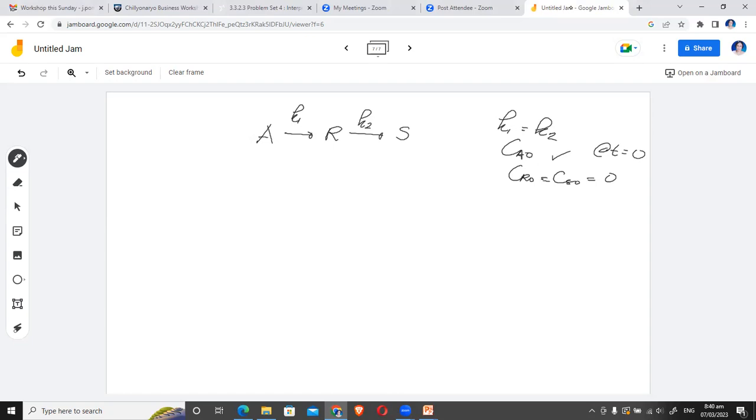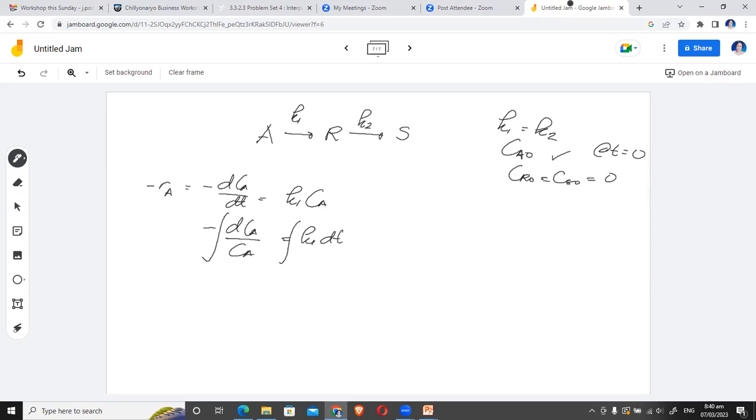We will still derive just like what was done during the discussion in class. So you set up your rate equation: dCA/dt is equal to negative K1 CA. That's the rate of change of the concentration of A. Then you have dCA over CA is equal to negative K1 dt.